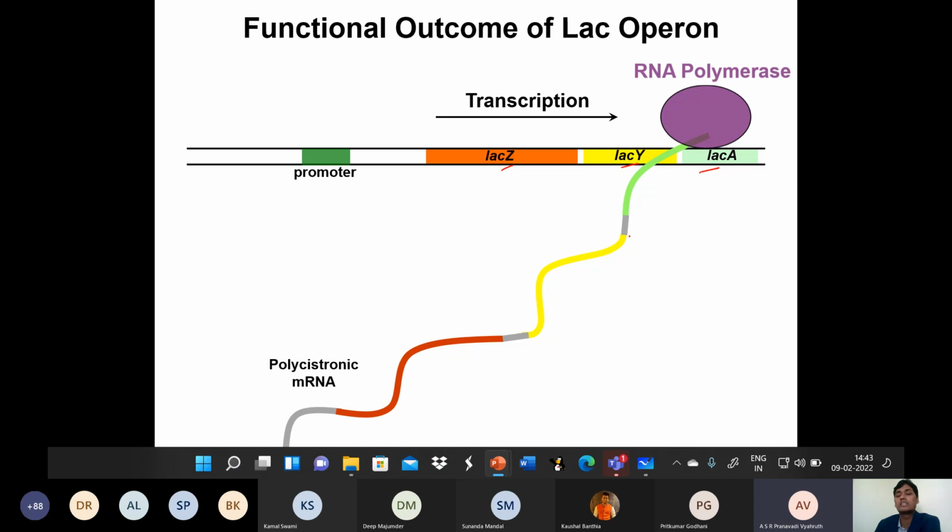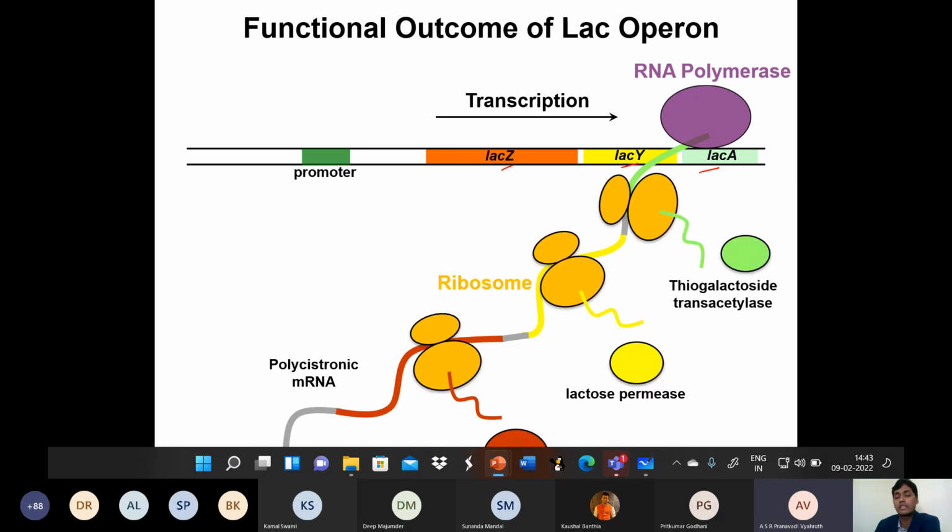And now all of this will be translated and it will make three different products. This is beta-galactosidase, and this is lactose permease, and this is another one. So you need to remember that. As a result, lactose will be properly metabolized.